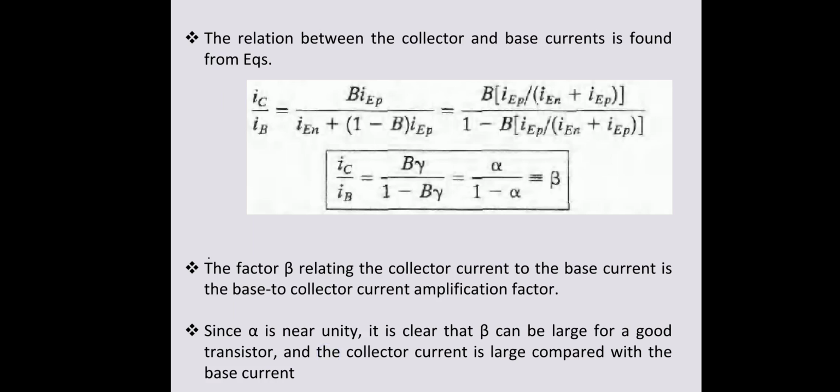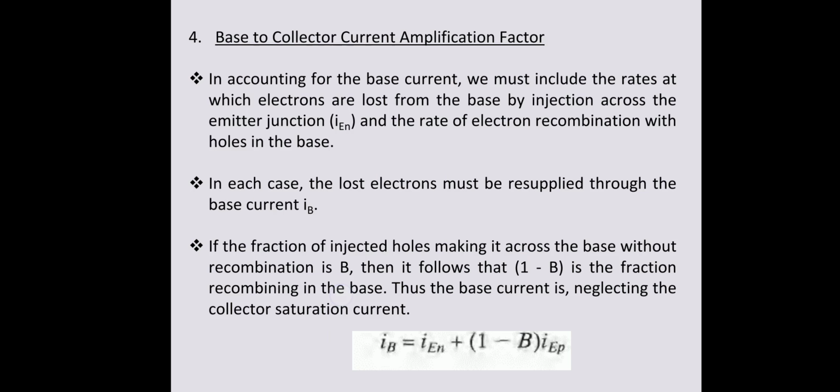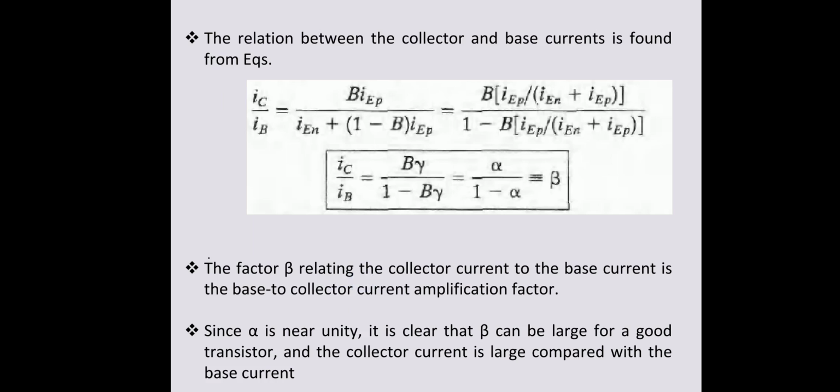So we can see this IC by IB ratio, then IC we already defined as B IEP. So the IC by IB ratio we can write as B IEP by IB, which is IEN plus 1 minus B IEP, then divided throughout by IEN plus IEP.